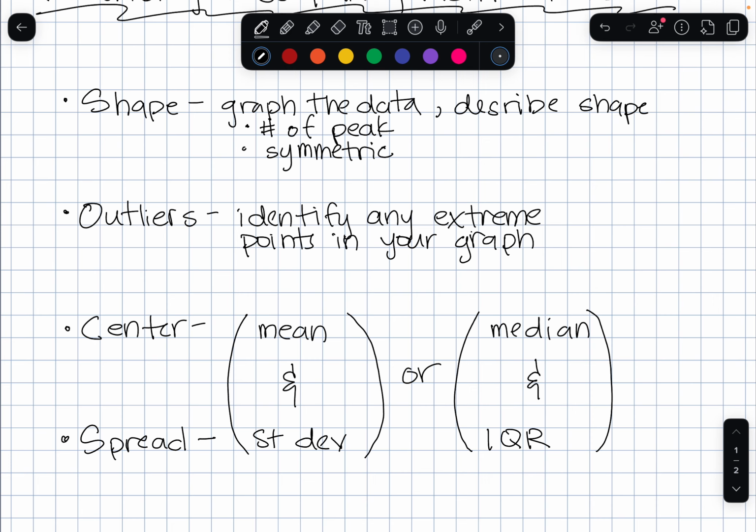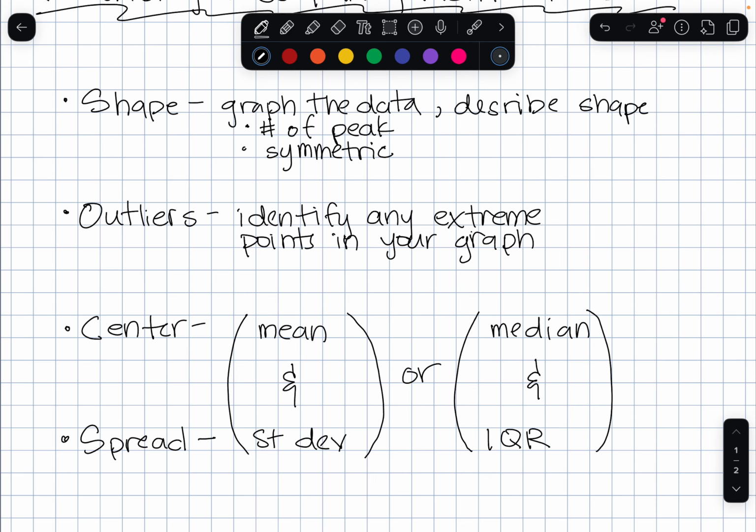If you are comparing two sets of data, you want to make comparisons for each of the steps in SOCS. So you should compare the shapes. Graph A is symmetric, graph B is left skewed. You should make comparisons for outliers. Graph A has an outlier on the left, graph B has no outliers.